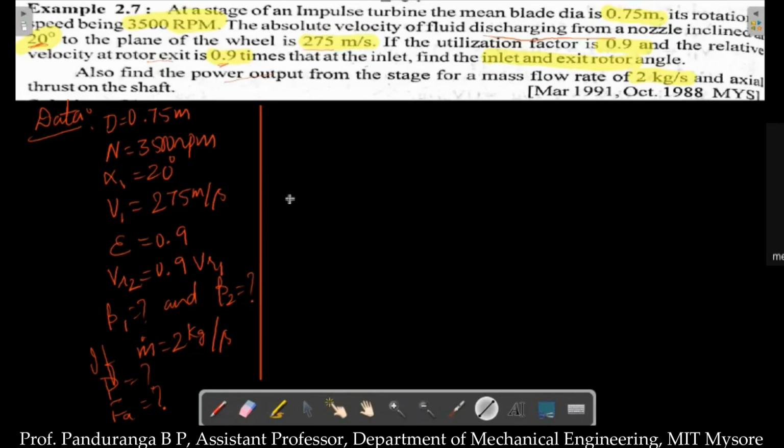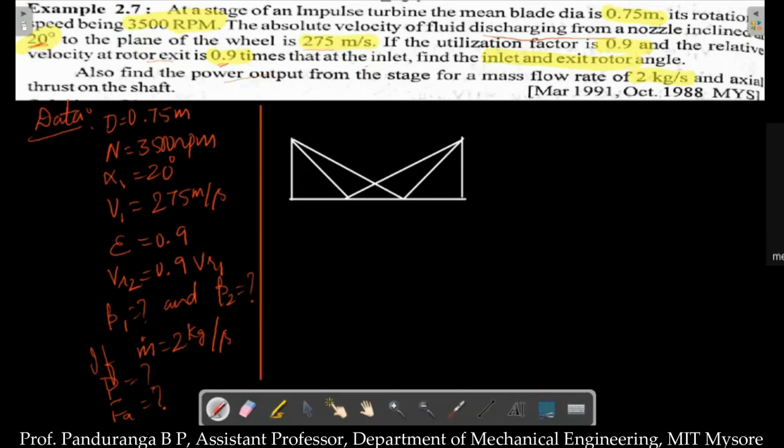I'll start with the general velocity triangle which we have drawn for most of the problems. First I'll write the base, then I'll write Vf1 and Vf2, and then I'll join these to form a general velocity triangle.